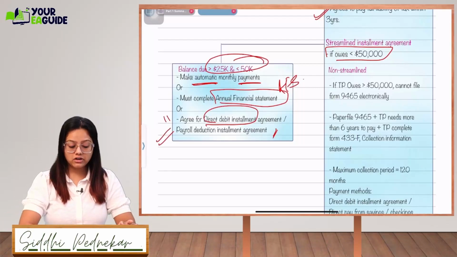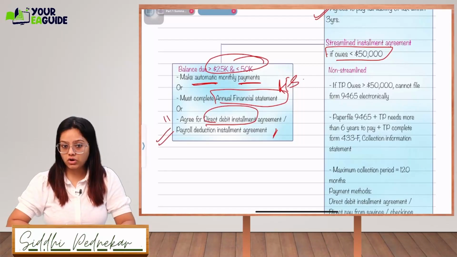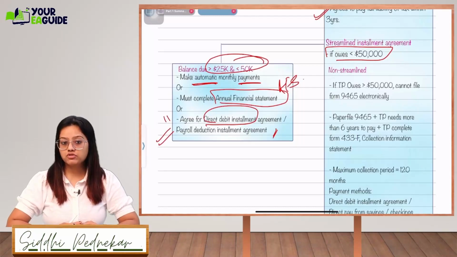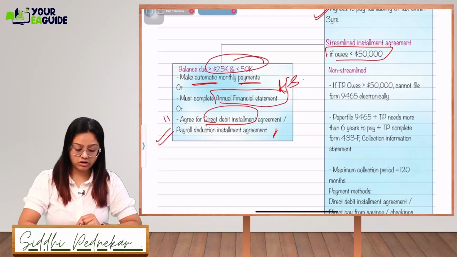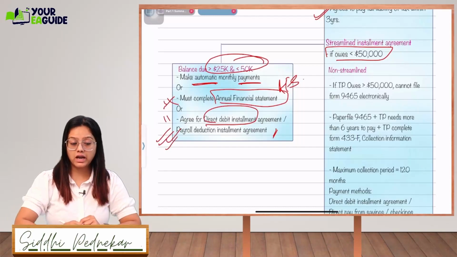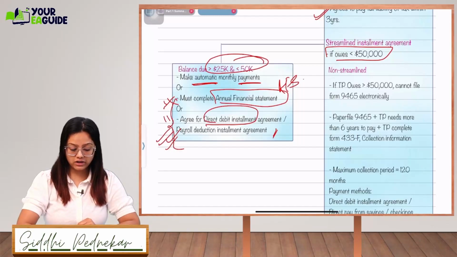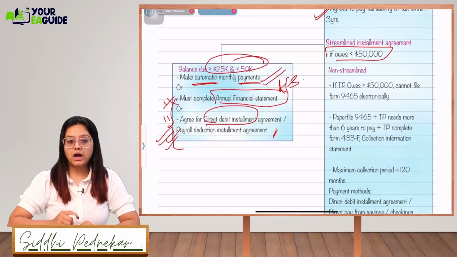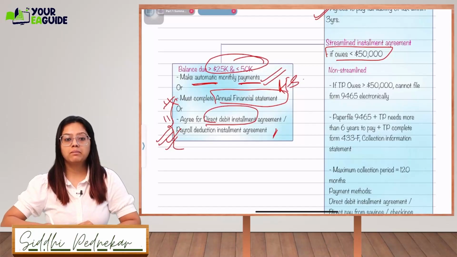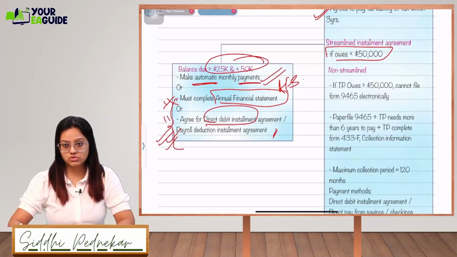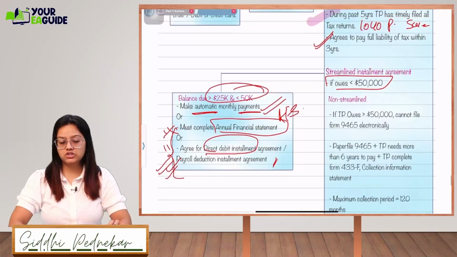So in any of these installment agreements you can opt in. Second, you have to file an AFS. If you're not filing the AFS, you have to opt for any of these too. If you're not doing any of this, you have to make the automatic monthly payment, auto debit from your financial institution. Okay, that is the streamlined installment payment.